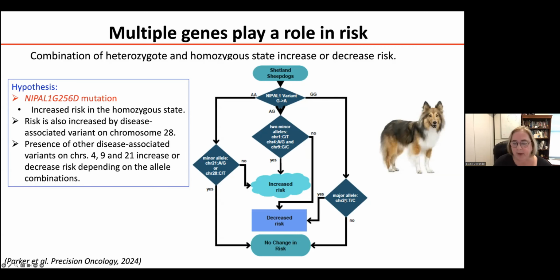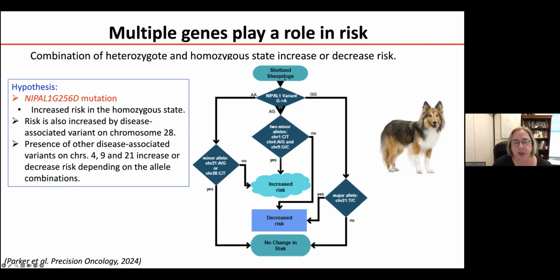Over here, what happens if you have the major allele at chromosome 21? And you can consider all of these, as well as the alleles on chromosome 4 and chromosome 9 and chromosome 1. And what it comes down to is that certain combinations will increase your risk of disease, whereas other combinations will decrease your risk.